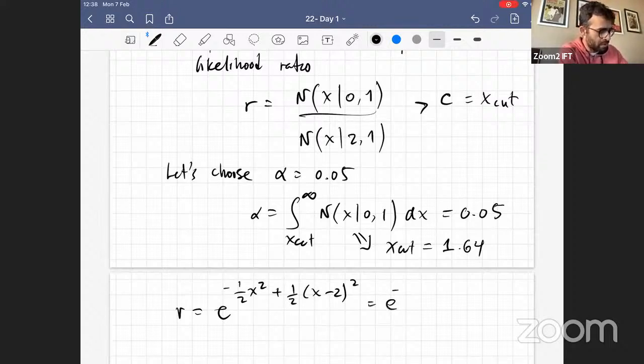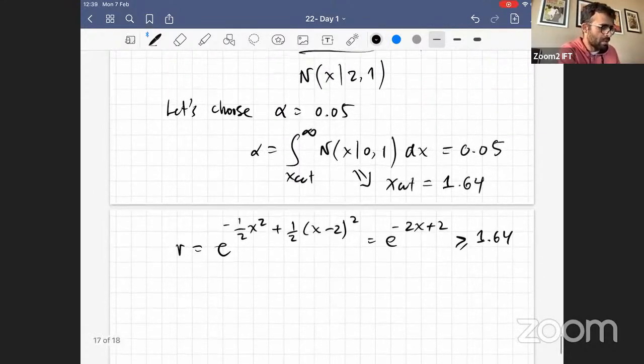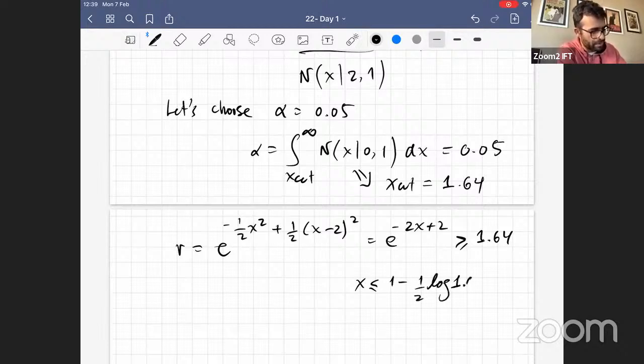So you compute, this is just e to the minus 2x plus 2. And this likelihood ratio should be larger than X cut, which is 1.64. So if you work this out, you take the log, and then you put X to the other side of the inequality, you get this expression, 1 minus the natural log of 1.64, okay, which is roughly 0.75.